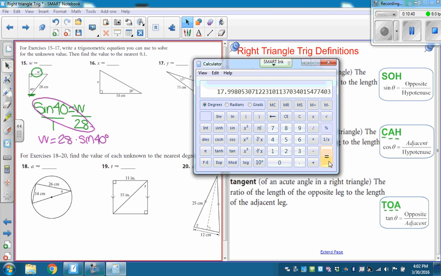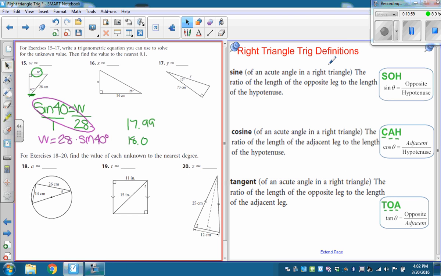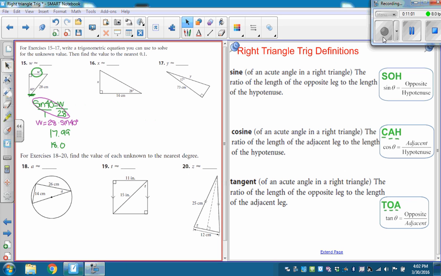When we read the directions, it says to the nearest tenth, so 17.99 to the nearest tenth is really 18.0. So that's the final answer. I just made that a little smaller to fit. W is 18.0.